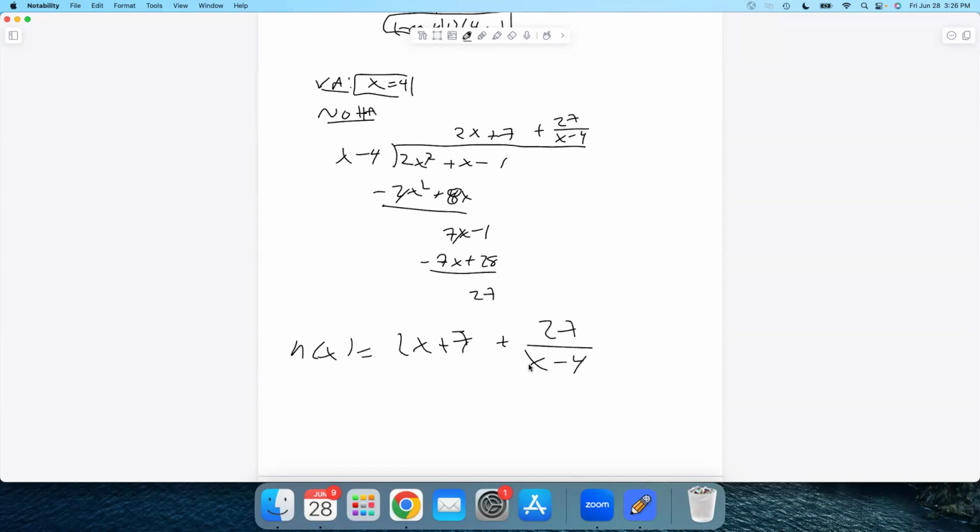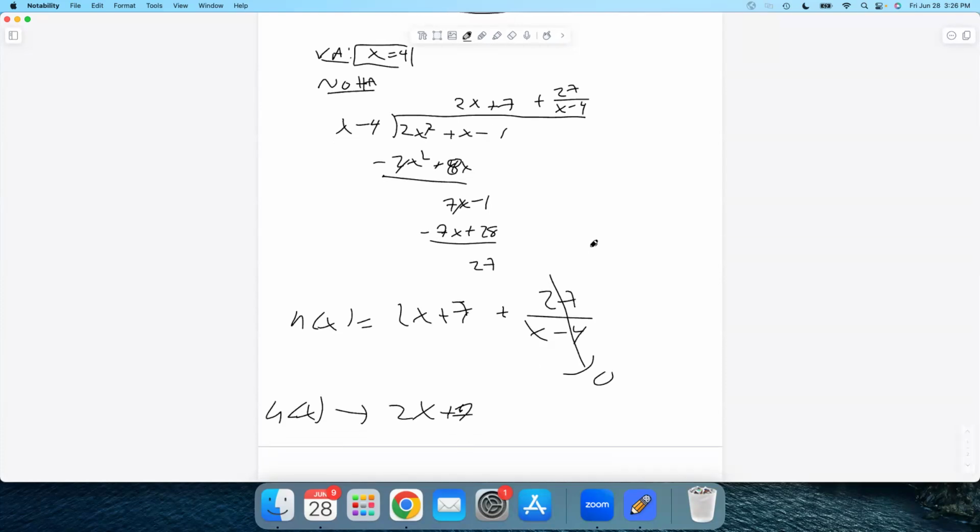I mean, imagine I plug in a billion. 27 over a billion minus 4 is still a billion. This is going to go to 0. This whole term disappears, and the function h of x will approach this line, 2x plus 7. So that will be our asymptote.